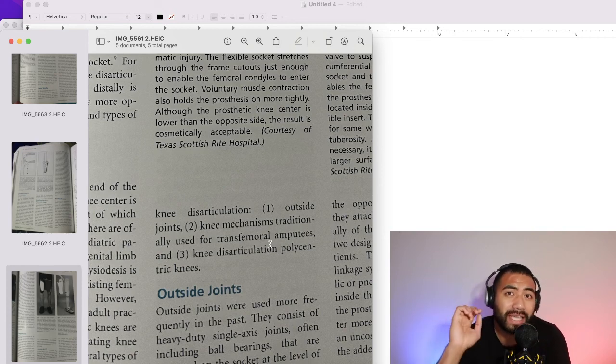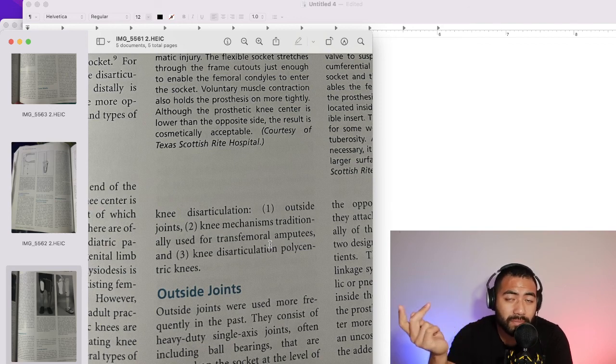Plus, there's no mechanical stabilization, right? Because polycentric knees, as you should know, shorten during swing phase, especially mid-swing, and then it lengthens. It doesn't lengthen, but it has a mechanism that allows it to just mechanically lock during stance.